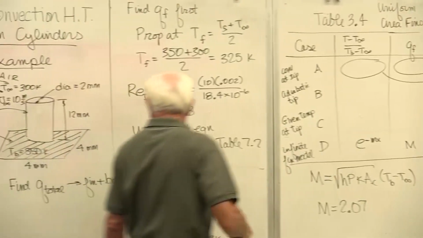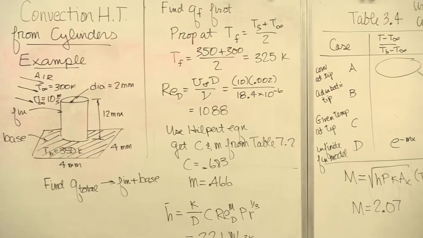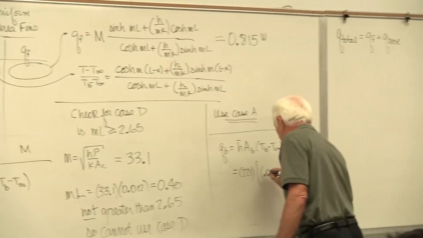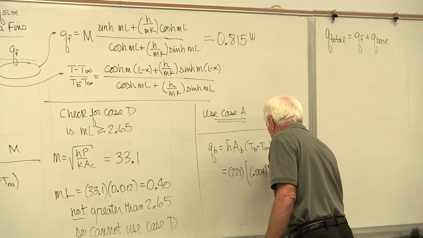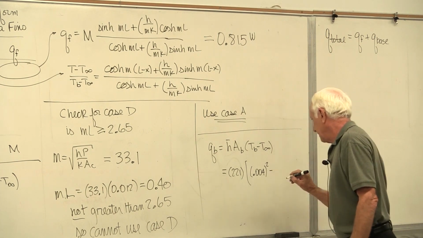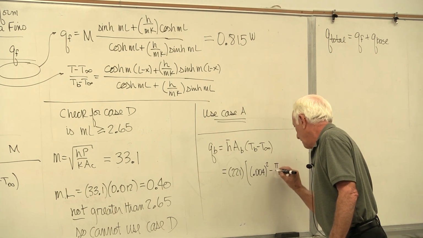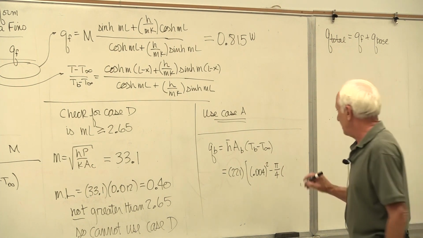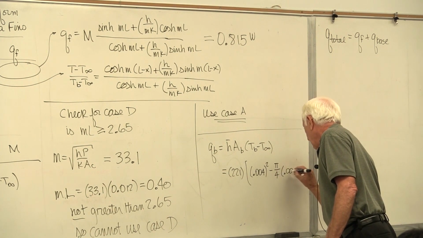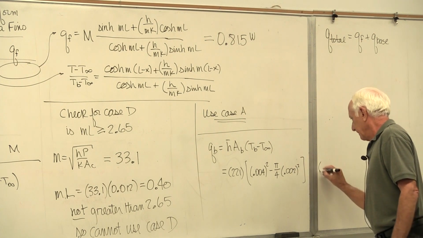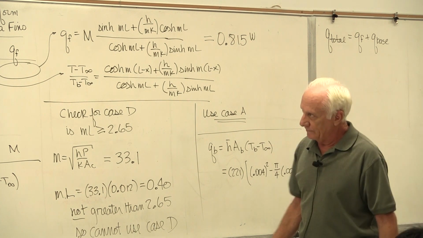Air area. 0.004 squared minus pi d squared divided by 4. 0.004, that's the square area, minus where the fin is. So pi over 4 d squared. Diameter was 2, yeah. Times the temperature difference, 350 minus 300.